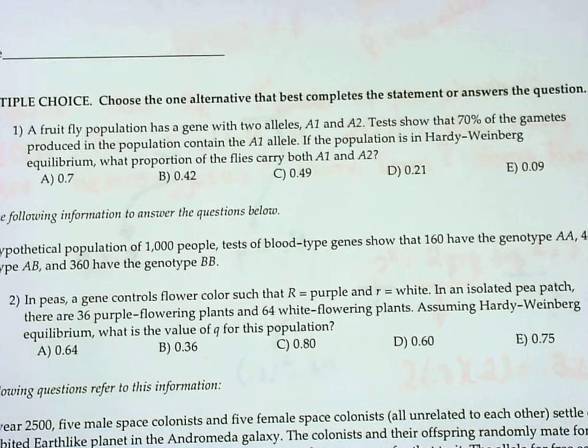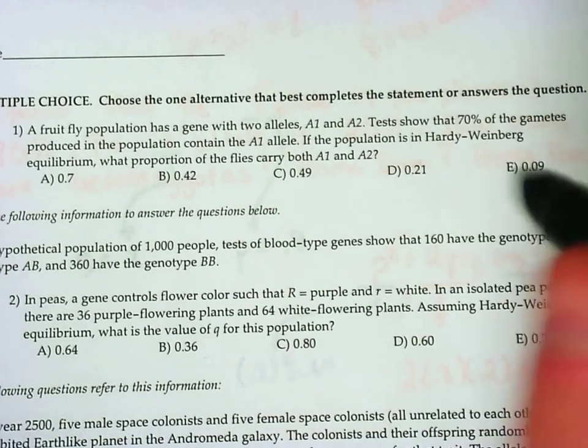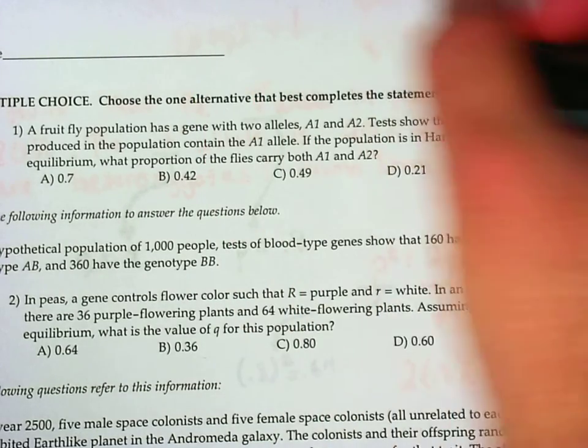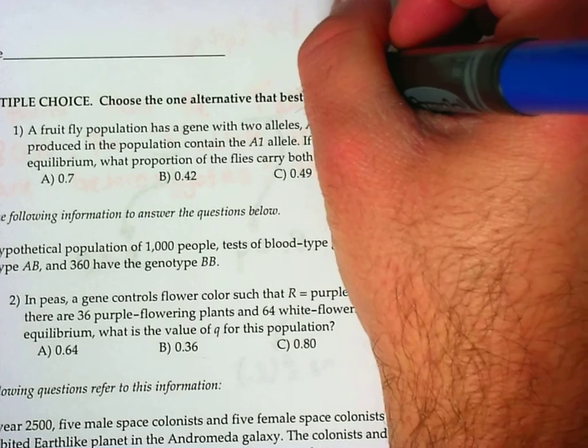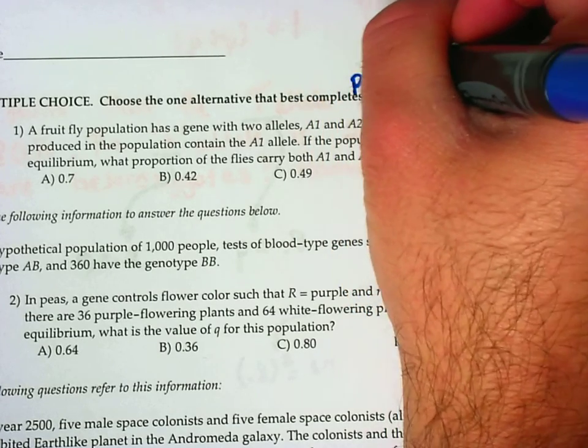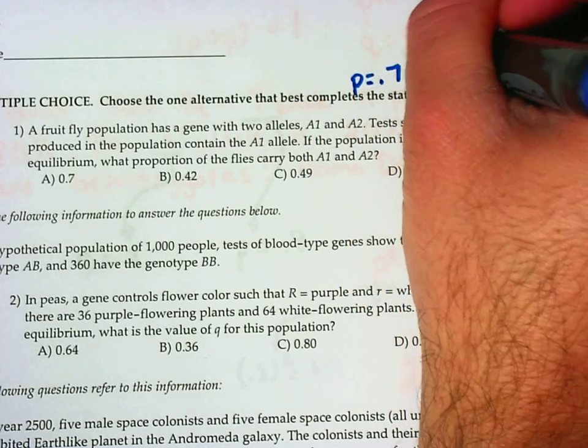Good? What's the answer? B? Are we okay with it being B? Let's see. Tests show that 70% of the population had the A1 allele. So the A1, maybe we can just view that as being p. So p is equal to 0.7, which means q is equal to 0.3.